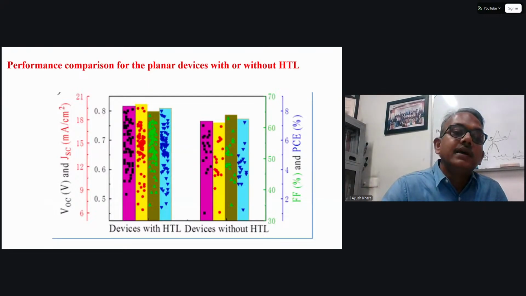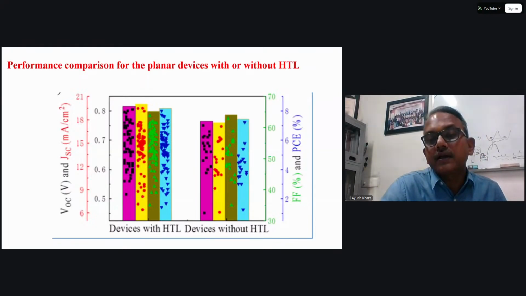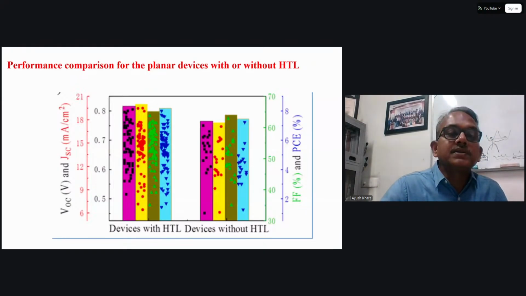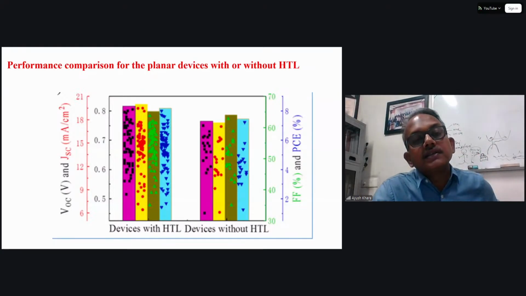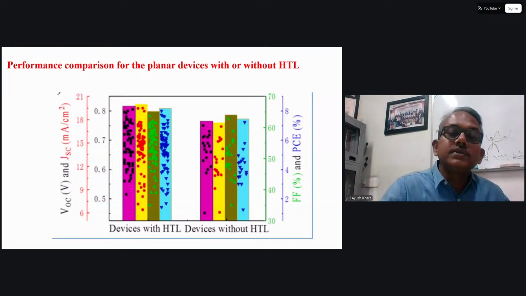On the x-axis we have devices with a hole transport layer, two cases, and devices without a hole transport layer. As you can see, cell parameters like open circuit voltage and short circuit current density are higher when using devices with HTL. This suggests that if we go for these layers additionally, we can have better enhancement in the solar cell parameters.